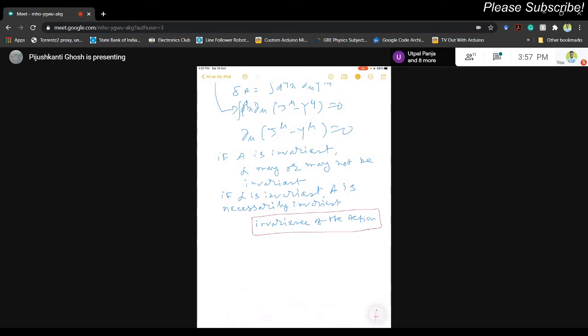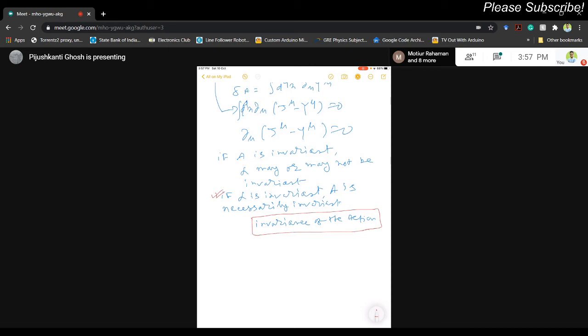So when we find whether a system has invariance under some symmetry transformation, if you get that Lagrangian density is invariant, then action is necessarily invariant.